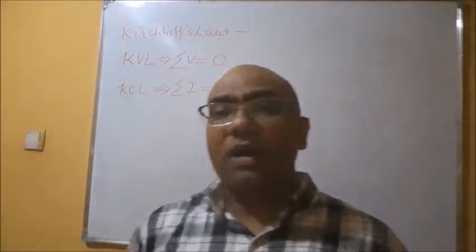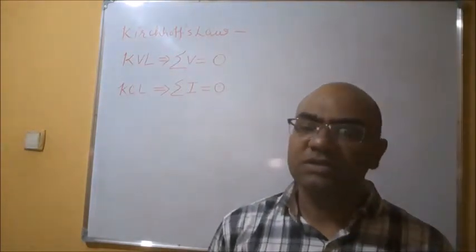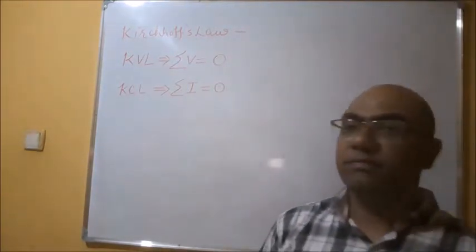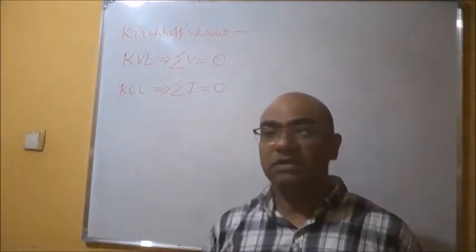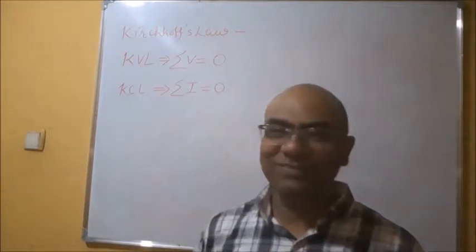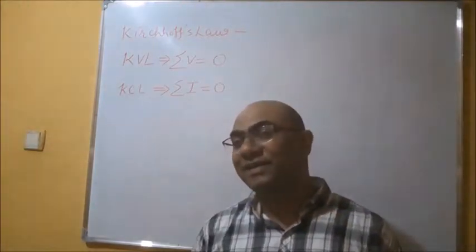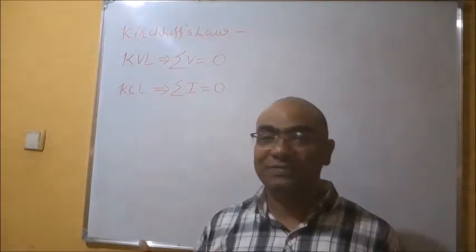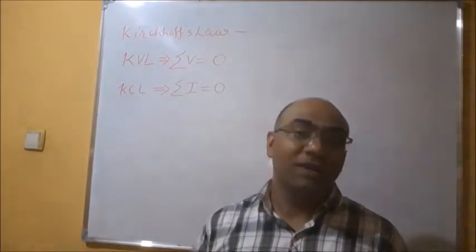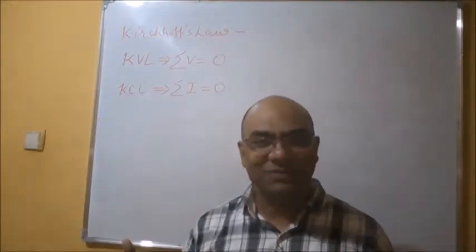These laws are applicable for all the circuit elements. It may be resistance, it may be inductance, it may be capacitance. But for making our life simple, the calculation simple, we will start with resistance only, with DC circuits. As we have studied in the last lecture, sources may be of two types, voltage source and current source.